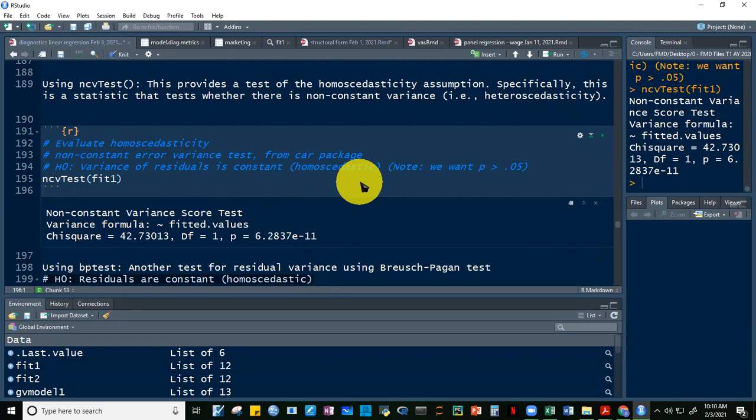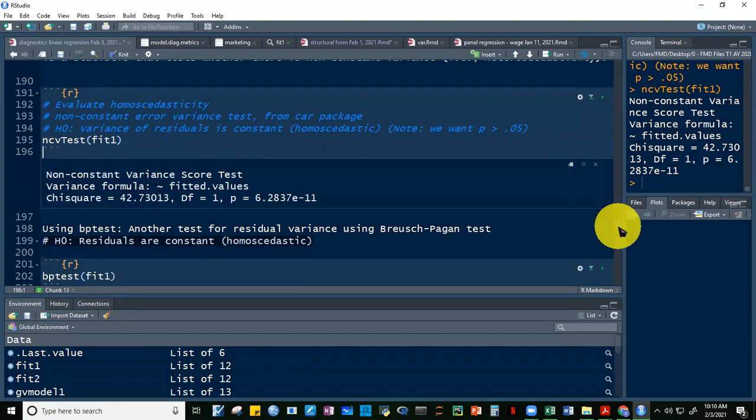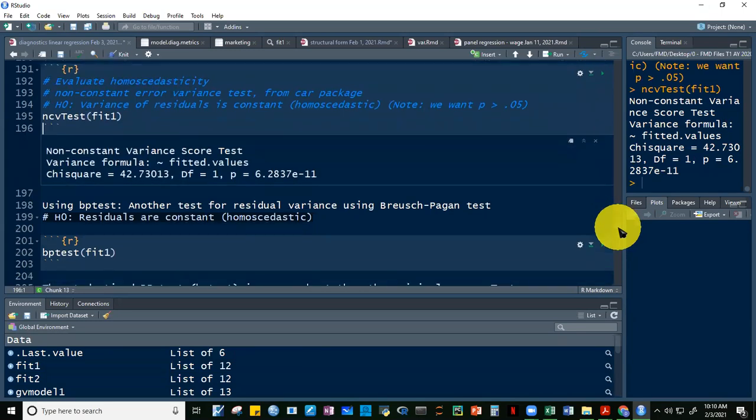Heteroscedastic siya. Pag heteroscedastic, kailangan natin i-address yan. Yung pag-address niyan, guys, it will be part of your next subject. But here, it's important that we know that our model suffers from heteroscedasticity.